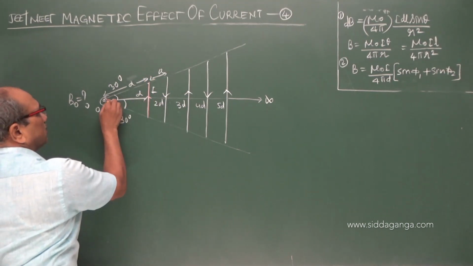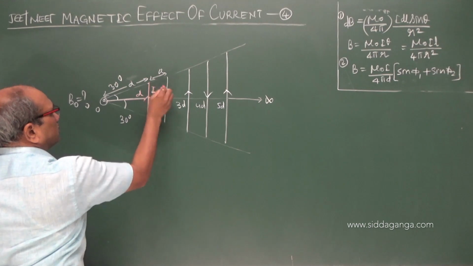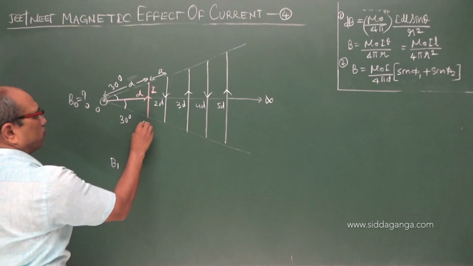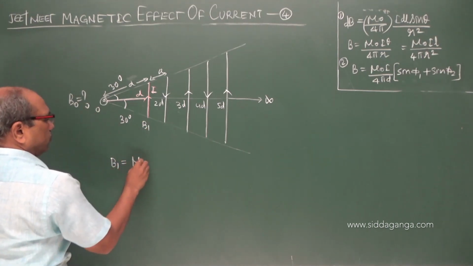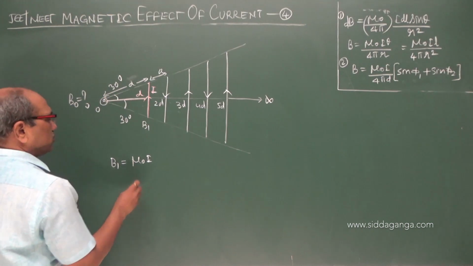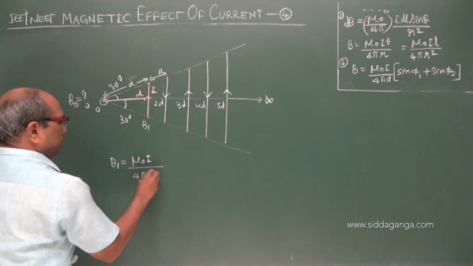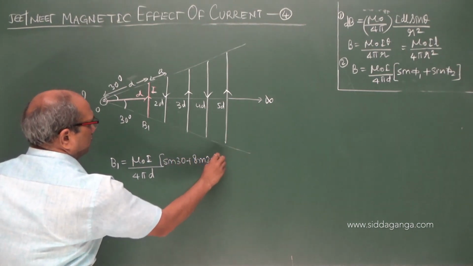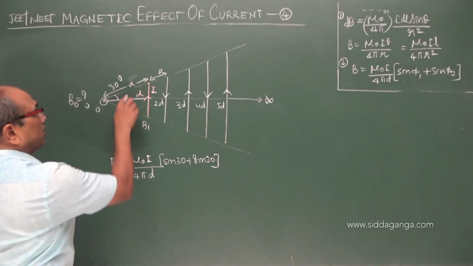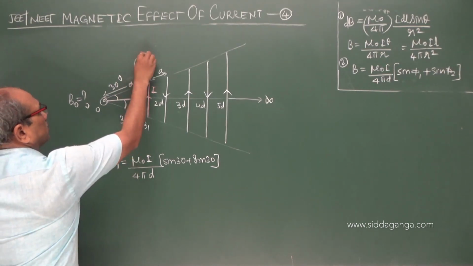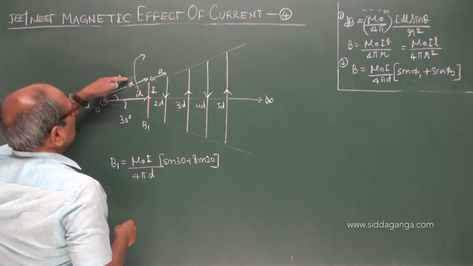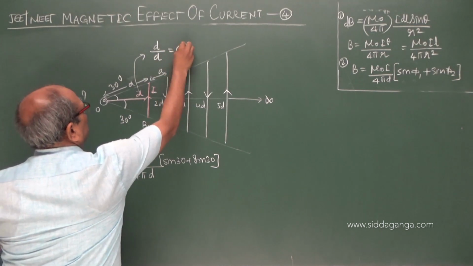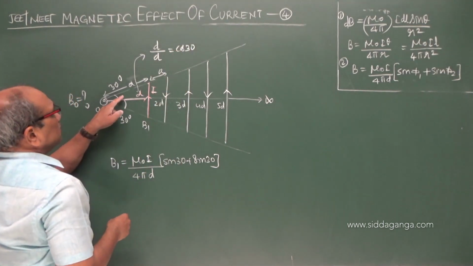But this is the conductor if you take the first one, and we can extend for any number. So this is the conductor, this distance is D, current is I. For the first one, if I call the field produced here B1, it is mu naught I upon 4 pi D into sine 30 plus sine 30. These are 30 each. How to calculate D: D by A is cos 30.